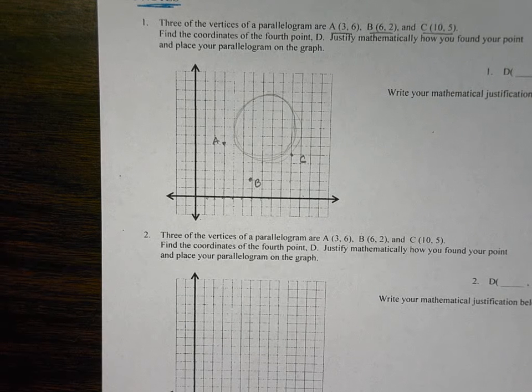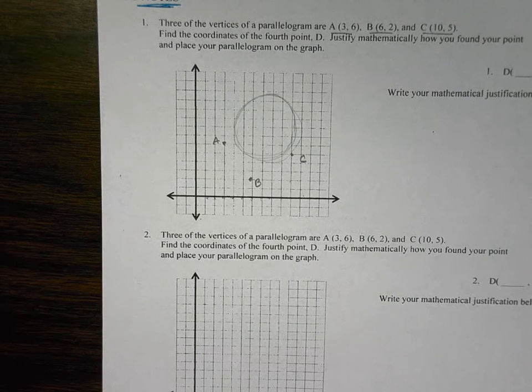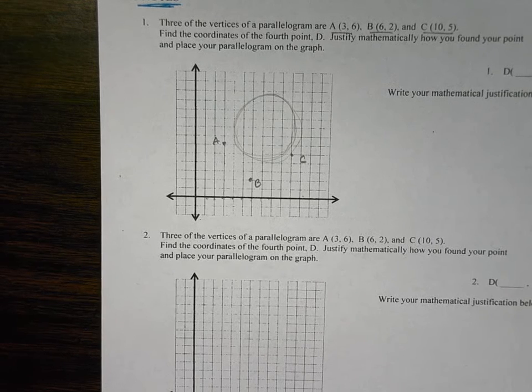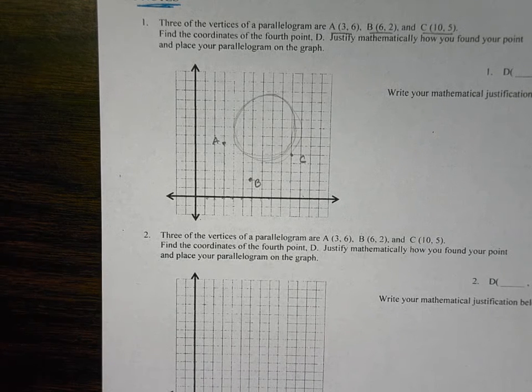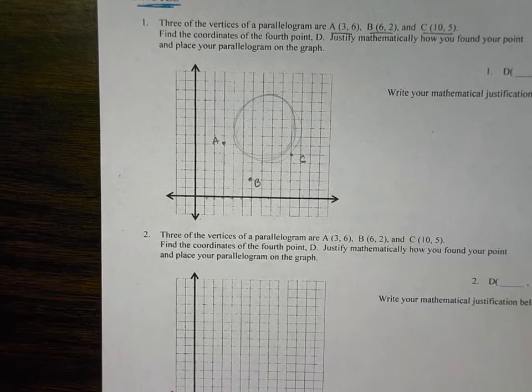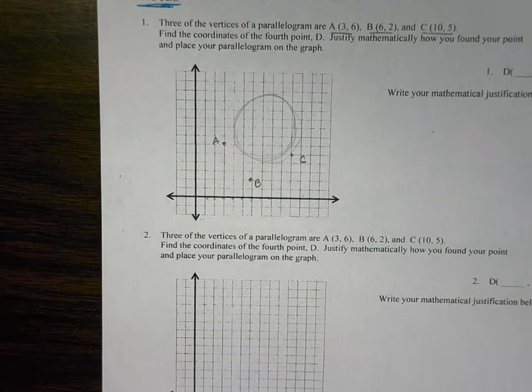I should rise over run. I like how the rise over run got 8. For me, I just made triangles out of A, B, and C.